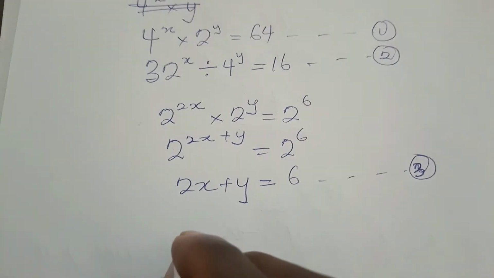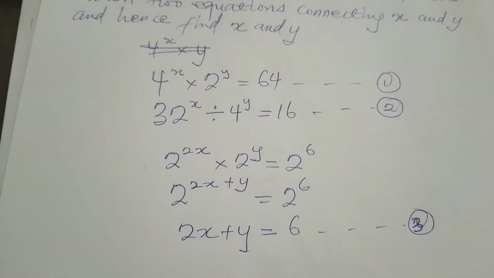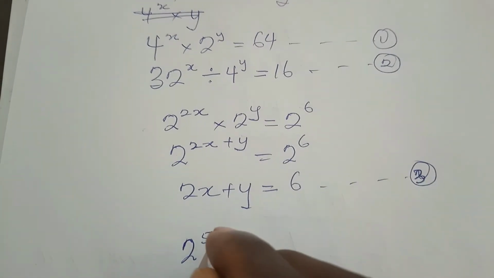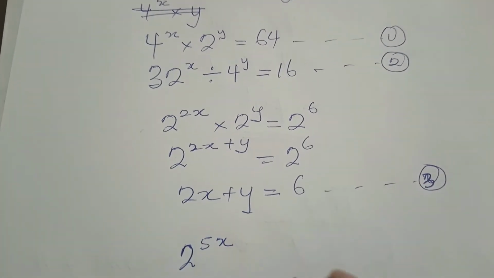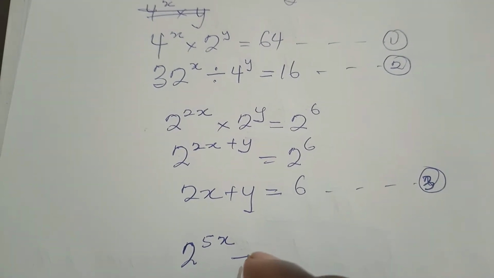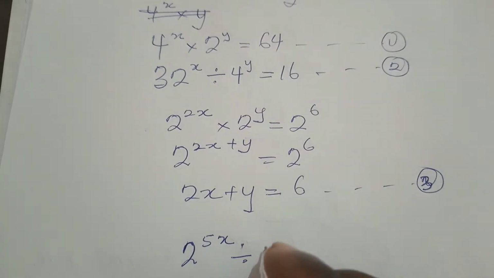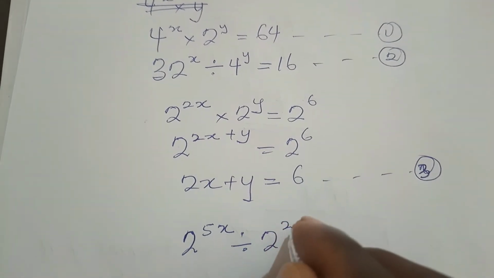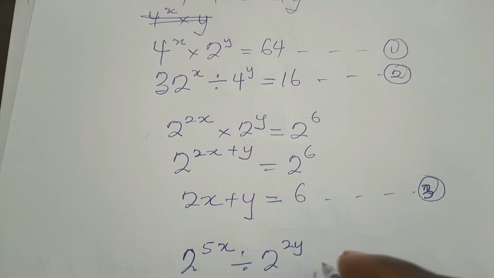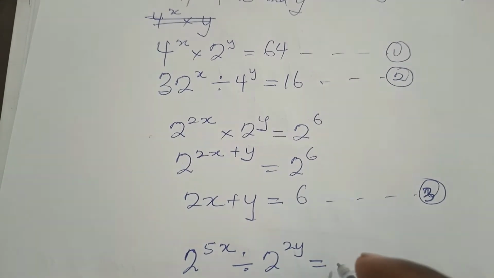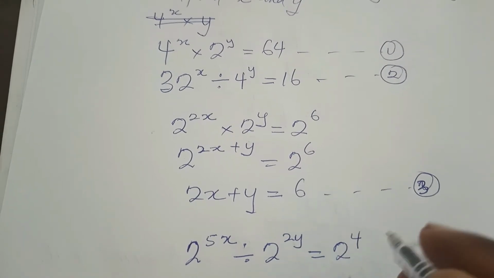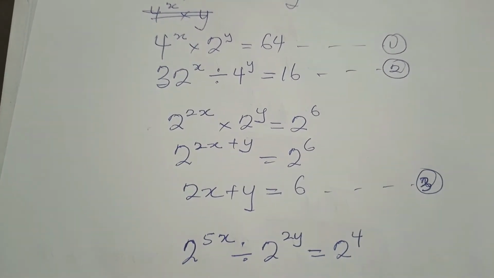So 2 exponent 5x for the 32 exponent x, divided by 2 exponent 2y, equals 2 exponent 4 as 16.